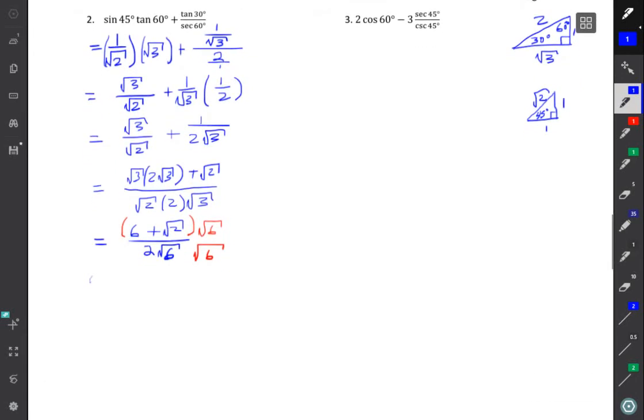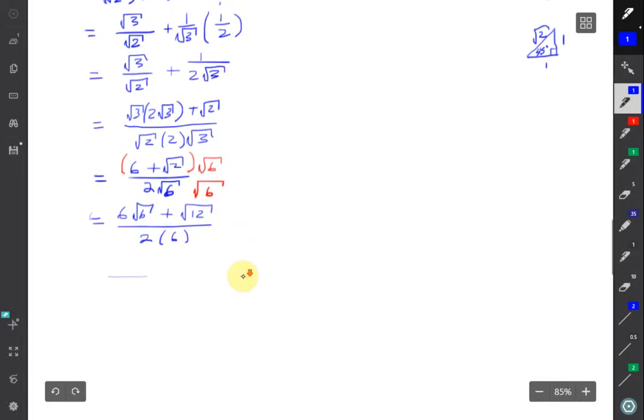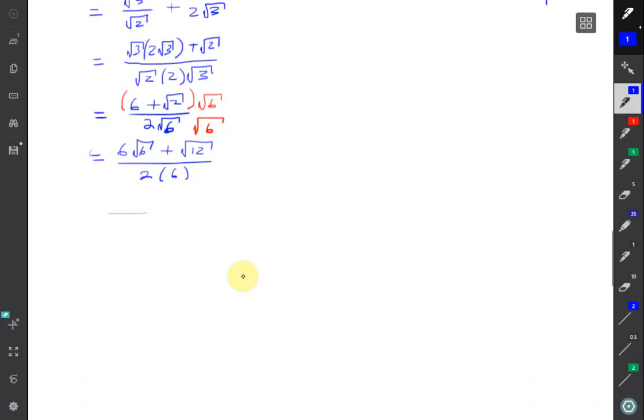Simplifying now, what we have is root 6 times 6, which is 6 root 6, and then root 2 times root 6, so we have the root of 12, all over 2 times root 6 times root 6 is 6. You can see where these questions get more involved because there's a lot to the simplification of them.